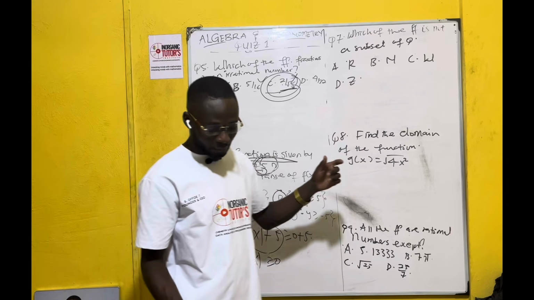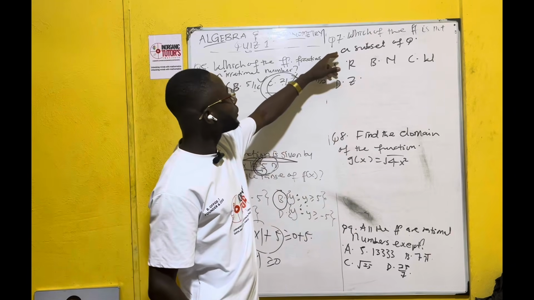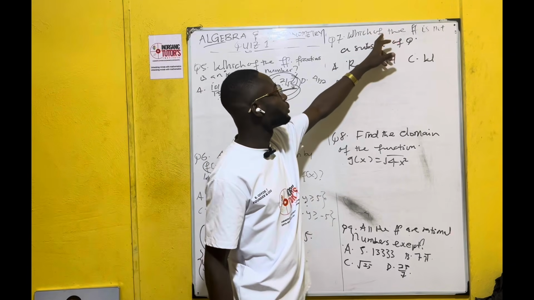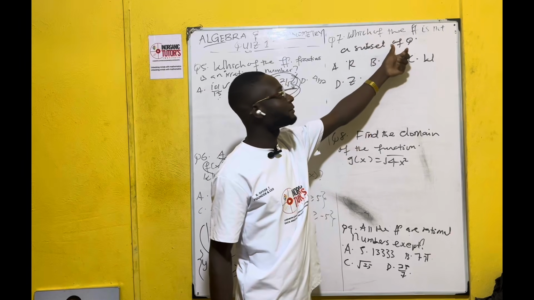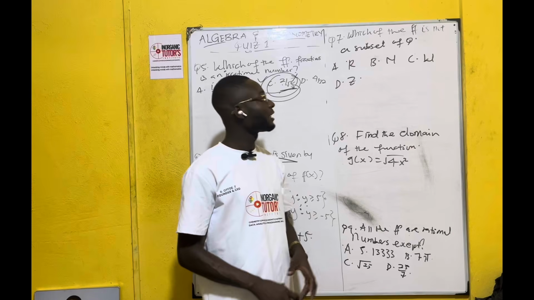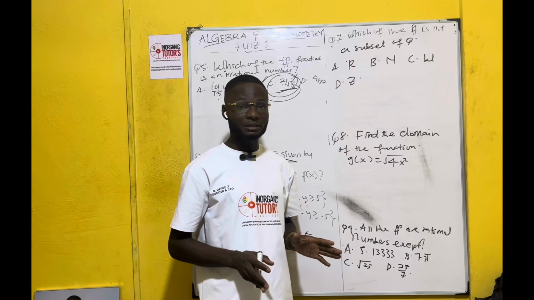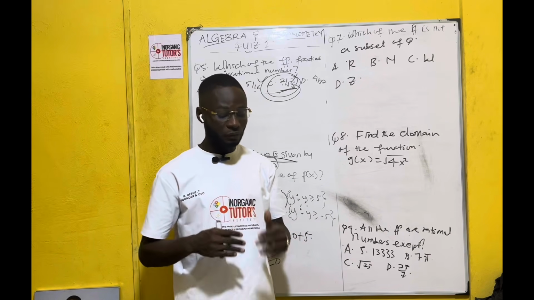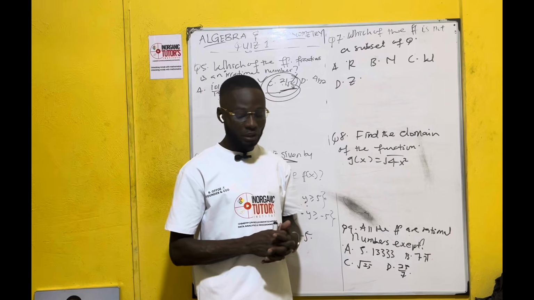Let's look at question number 7. With question number 7, we are asked which of the following is not a subset of Q. With this problem, it's very simple. They are just properties that you have to follow systematically, and then you are good to go.